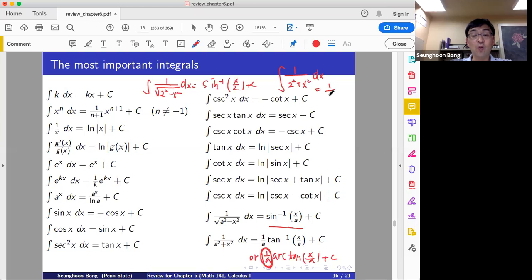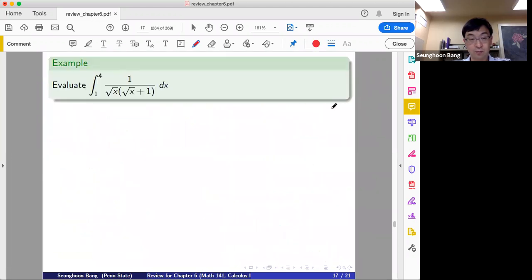Always 1 over 2 inverse tangent of x over 2 plus c. So really be careful. The inverse sine, inverse tangent, really be careful. Inverse sine, we don't have any coefficient. Inverse tangent, yes, we have a coefficient. Really be careful. So how can you solve this problem? Do you have any idea for solving this problem?